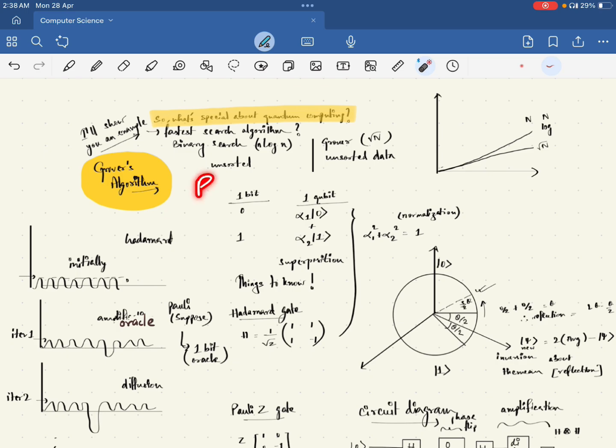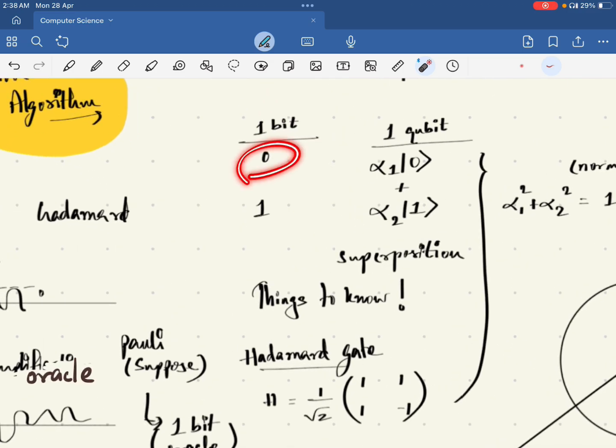Before we jump into this algorithm, we need to learn some prerequisites. We all know that in a classical world there are the 2 bits, 0 and 1, and all operations work on those. Whereas in the qubit or quantum world, we have what we call a quantum state, which is shown like this.